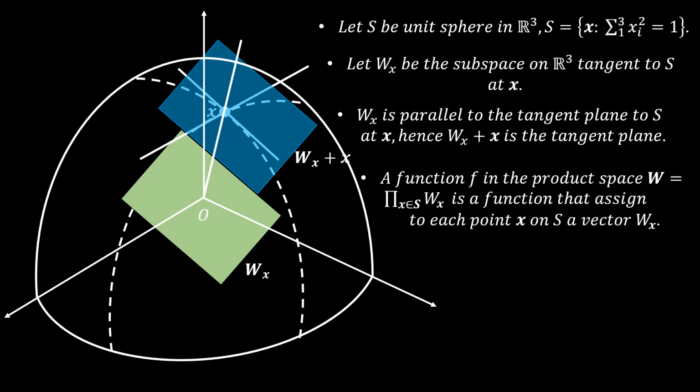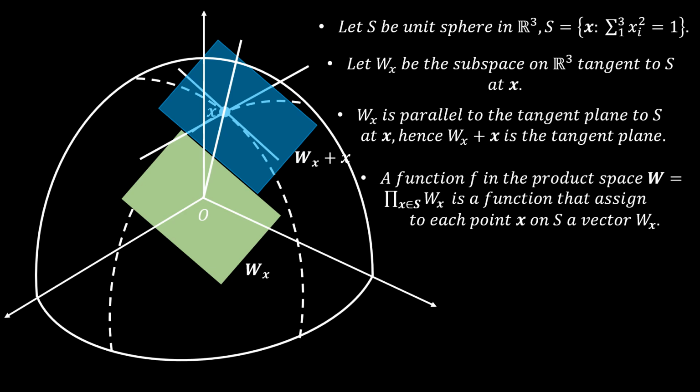So a function f in the product space W equals the product of all manner of tangential planes that include the zeros. So the Cartesian product of Wx is a function that assigns to each point x, and x could be any point on the surface of the sphere S, a vector in Wx.